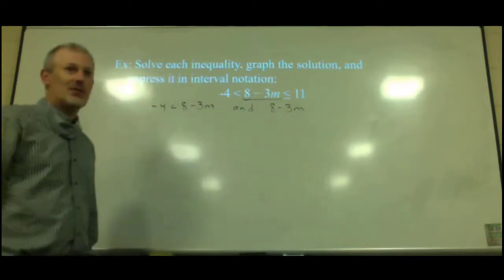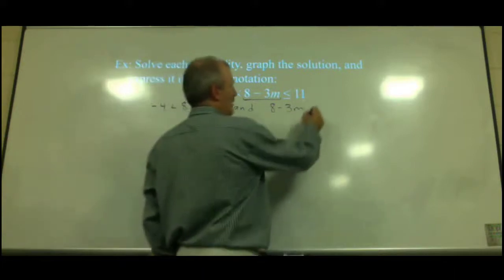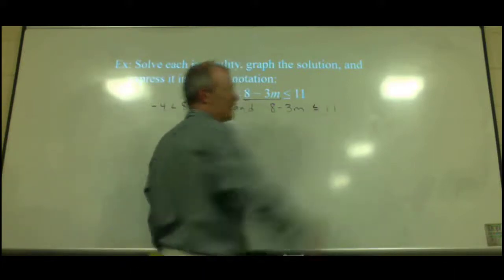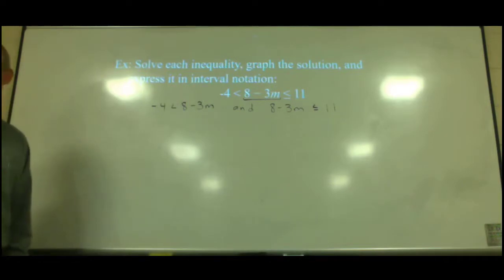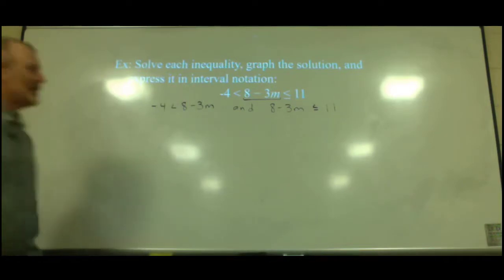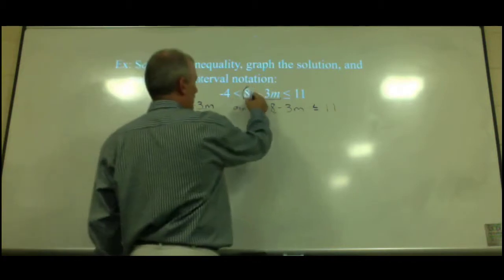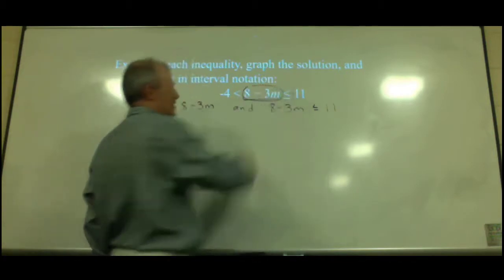That middle has to go with both. And then less than or equal to 11. Does that make sense? Everything in between these two inequality signs stays together.